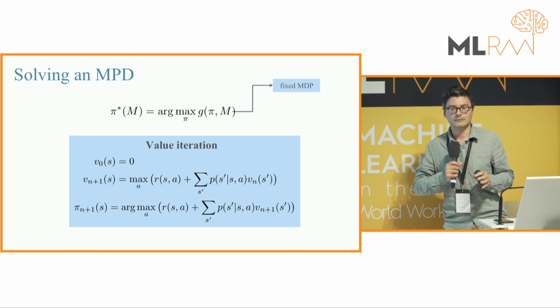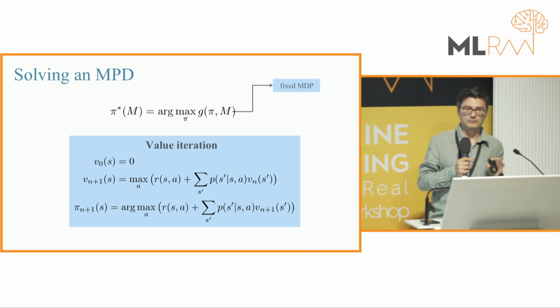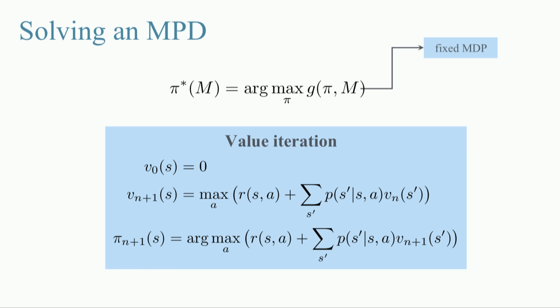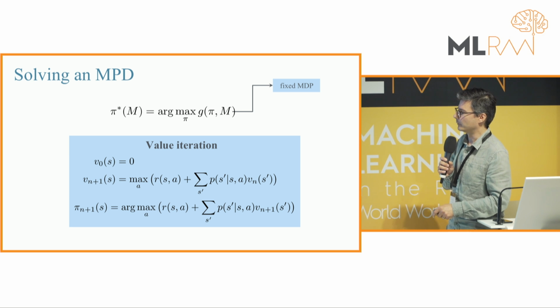But let's start with how we solve MDPs, something as basic as this. In order to solve an MDP, the basic approach is value iteration. Value iteration is an iterative algorithm, which says I start with the function initialized at 0, and then I update this function at each iteration using this equation, which is basically an application of the optimal Bellman equation.